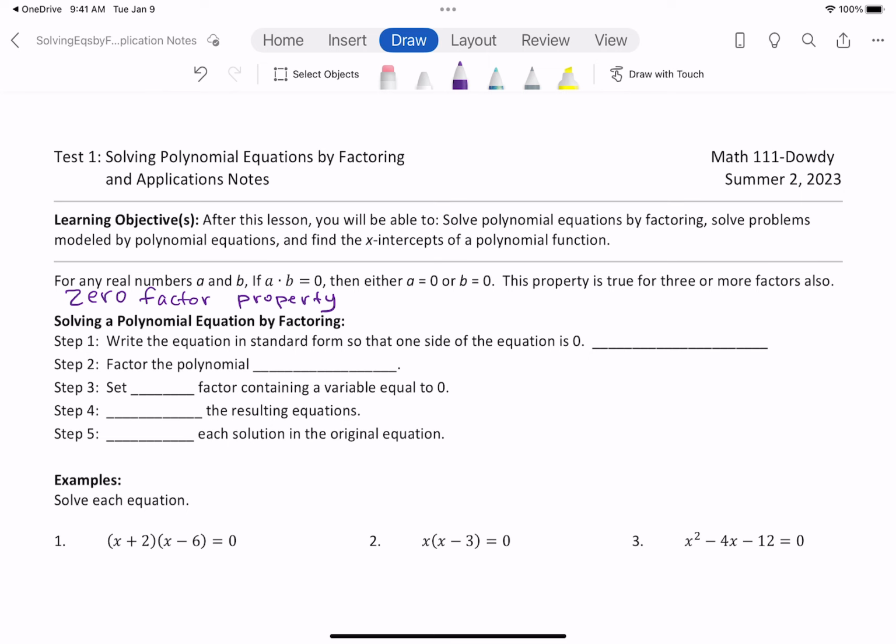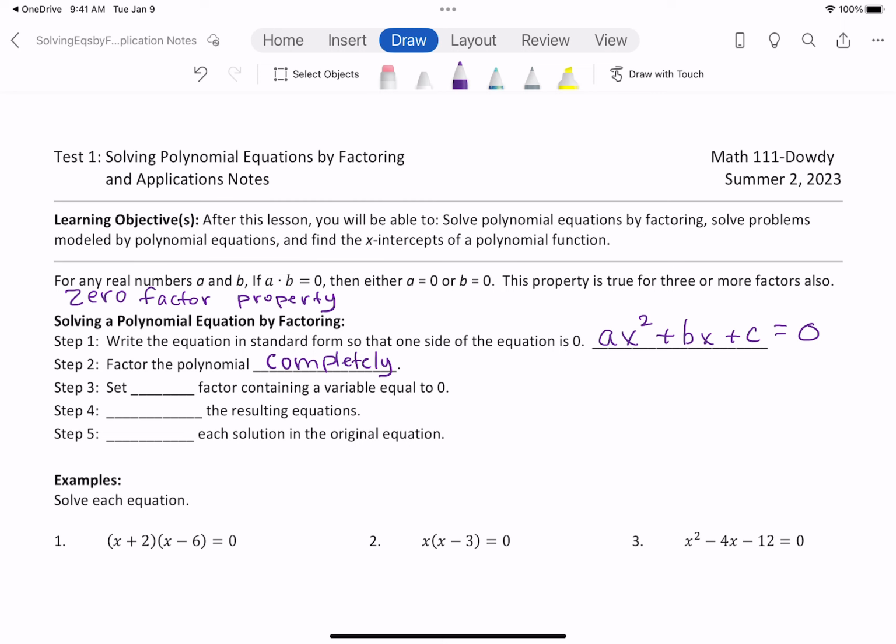So when we want to solve a polynomial equation by factoring, the first thing we want to do is write the equation in standard form so that one side of the equation is 0. So that's going to normally look like ax squared plus bx plus c equals 0. Then we're going to factor the polynomial completely.